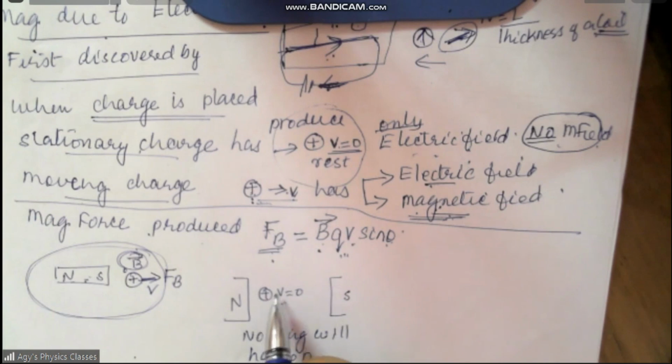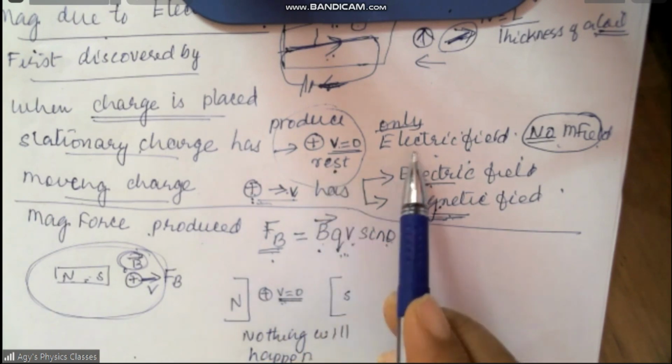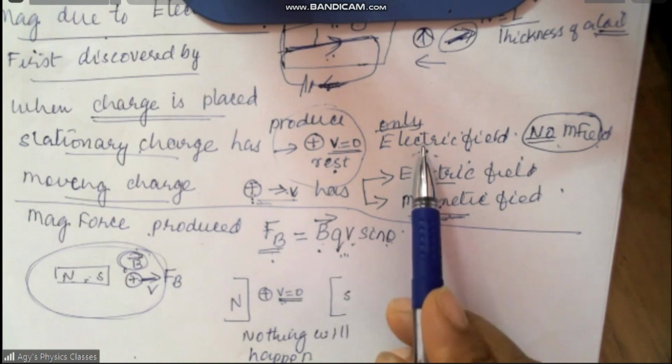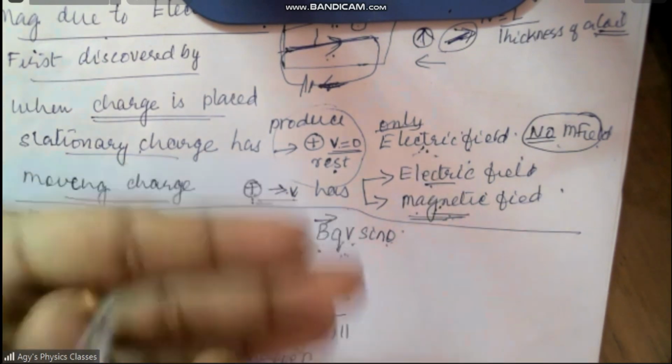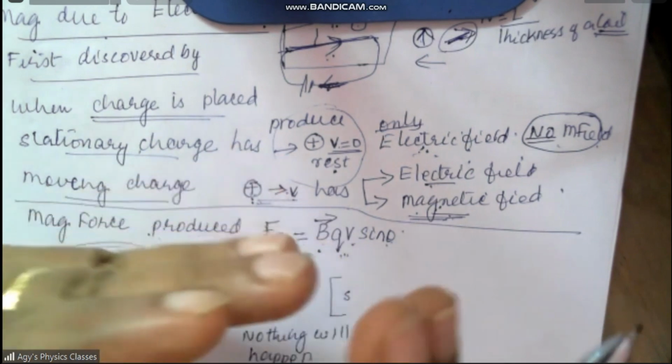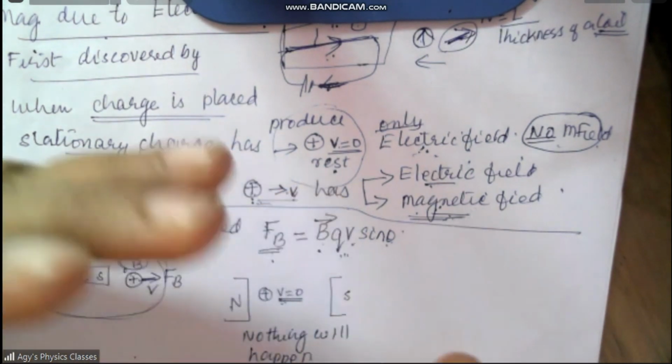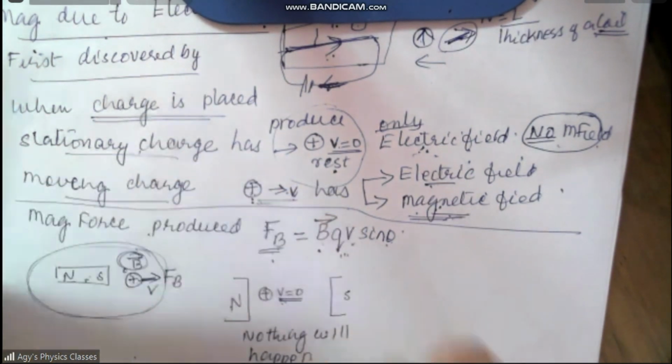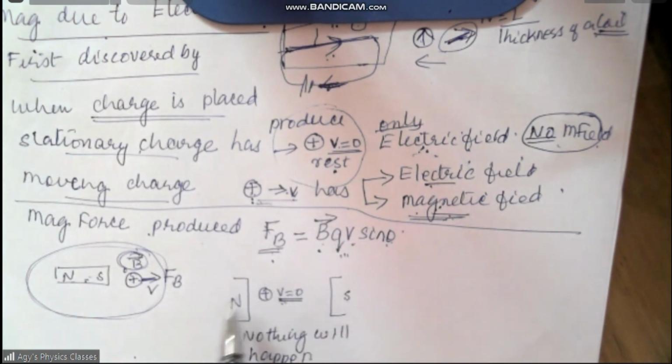Why? Because it is at rest and has only an electric field. An electric field and a magnetic field will not interact. Only two electric fields interact, or only two magnetic fields interact. Between the north and south, you have a magnetic field, but this charge has no magnetic field, so no interaction.